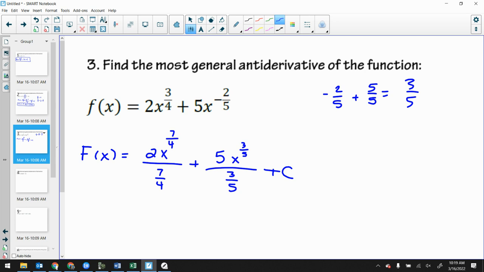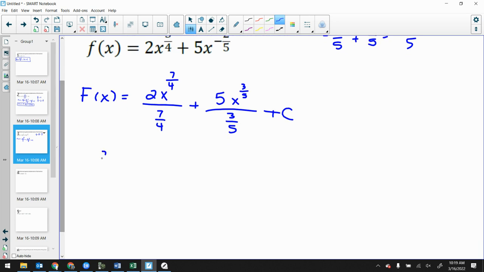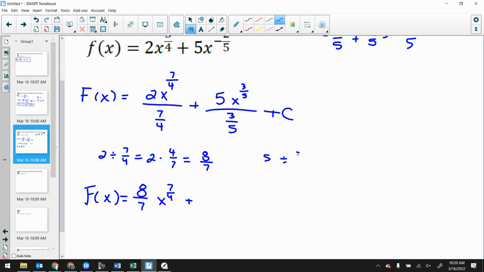Okay, so let's reduce that down a little bit. So 2 divided by 7/4 is equivalent to saying 2 times 4/7, which is 8/7. So 8/7 x to the 7/4 plus, and then we've got 5 divided by 3/5, which is equivalent to saying 5 times 5/3, which is 25/3. 25/3 x to the 3/5 plus c.